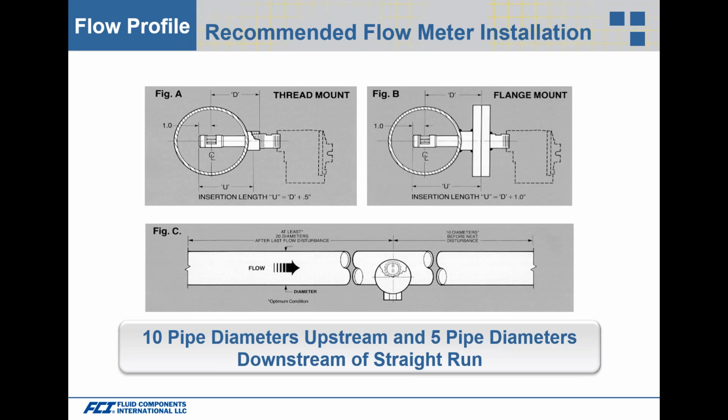But there are other disturbances that require a longer straight run than 10 and 5. Some go all the way up to, if you have a gate valve or 2 elbows out of plane, it can be 20 pipe diameters of straight run requirement upstream and 10 pipe diameters of straight run downstream.